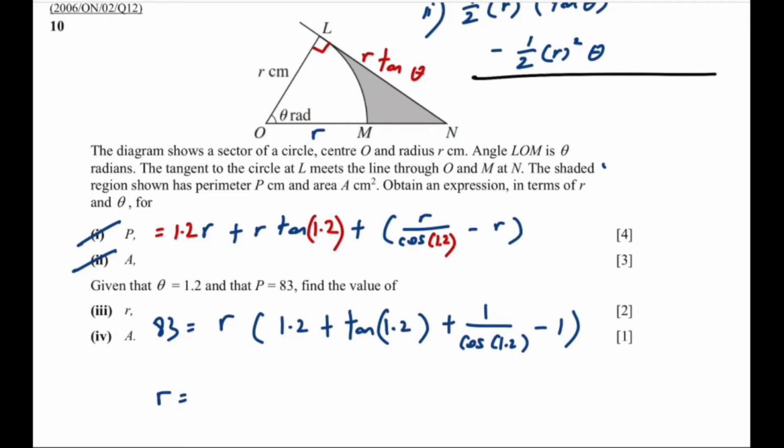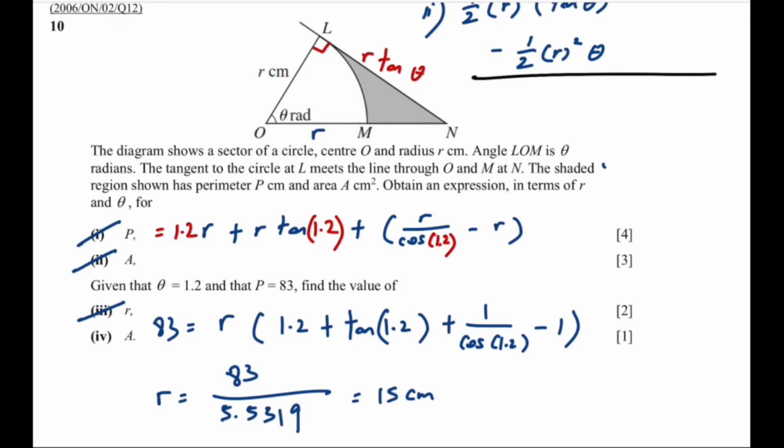You should get 83 over 5.5319. R should be equal to 15 cm. So that's the value for R. Okay, so R is 15 cm.